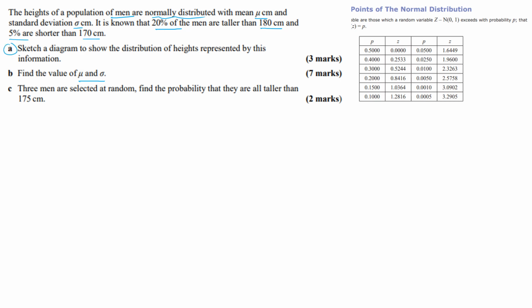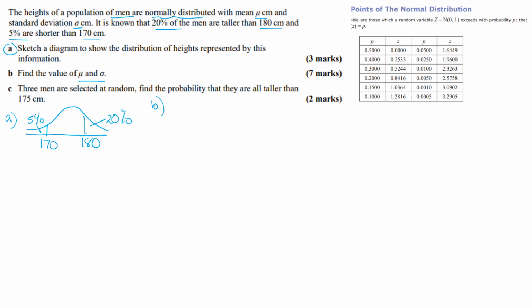So part A is asking us to sketch that on a diagram. So we need our bell-shaped normal curve. So 20% of the men are taller than 180 and 5% are shorter than 170.